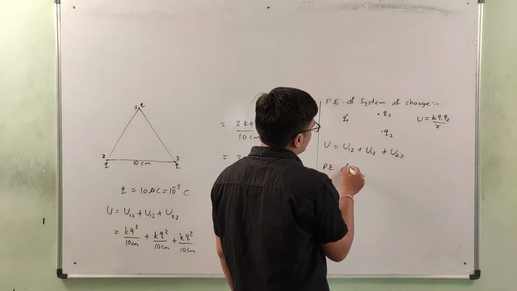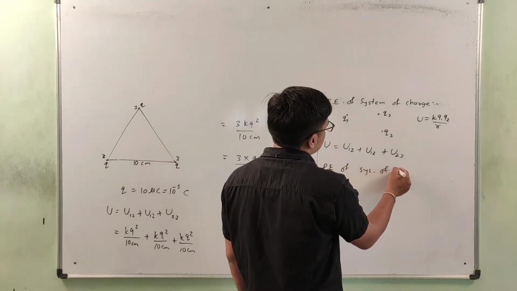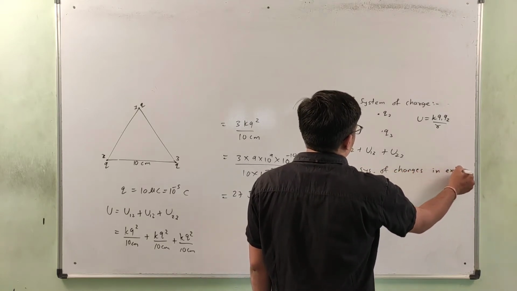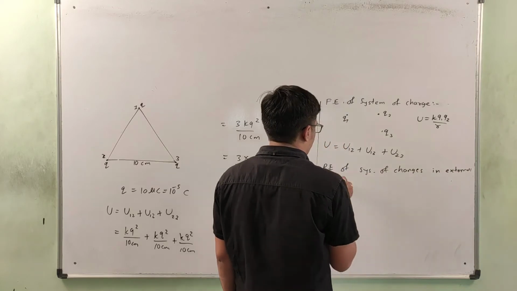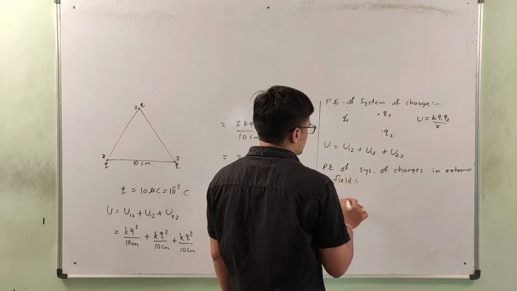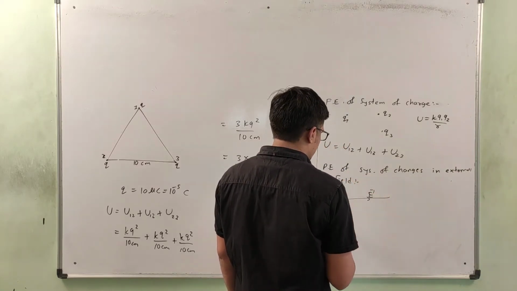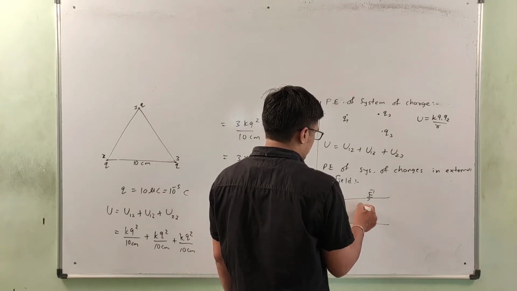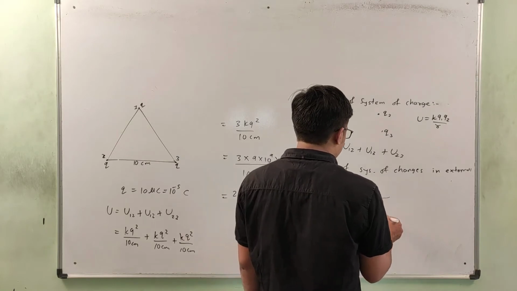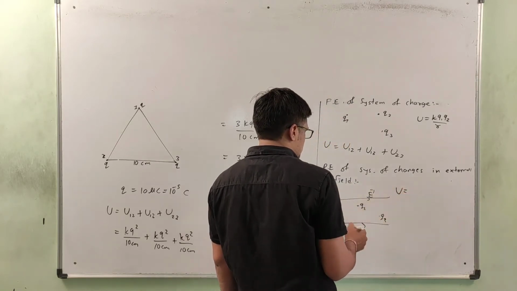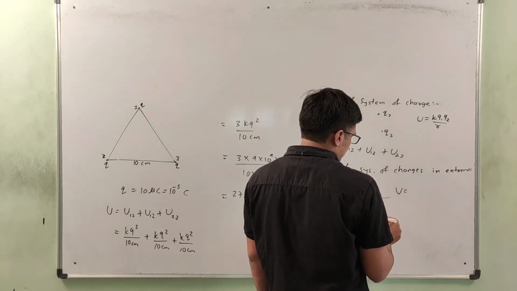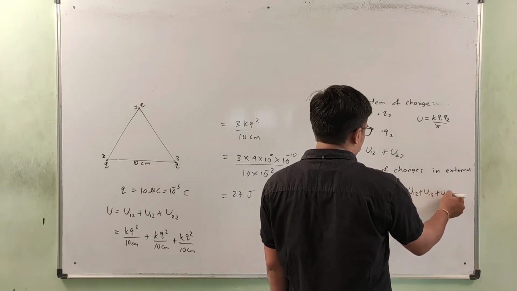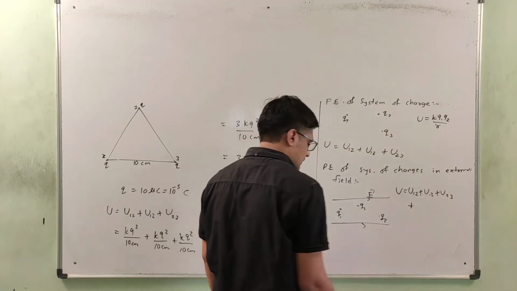Now the next topic is potential energy of a system of charges in an external field. Suppose an electric field is already present here, and you are taking these charges from infinity to here. Then what is the potential energy of this system? First make pairs of all these charges, that is U12 plus U13 plus U23, then add some extra terms.